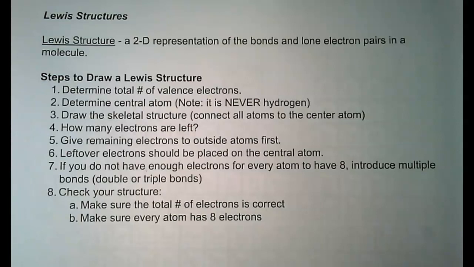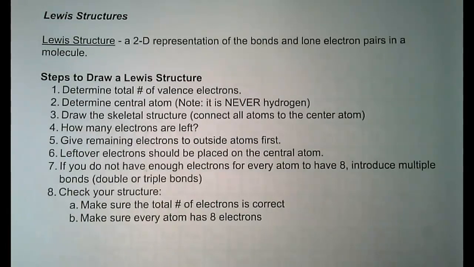So we don't give them to the center atom until we know how many are left, but we give them to the outside atoms first. And of course, our goal, as always, is to make sure that all atoms have a full octet, or in the case of hydrogen, a duet, meaning 2 electrons.